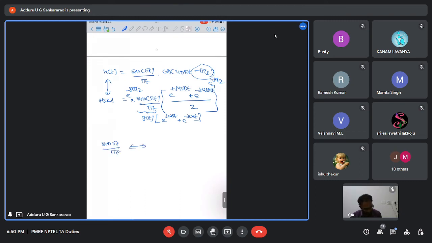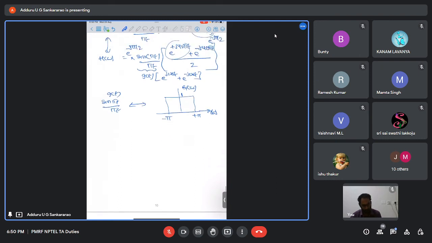We have seen, the Fourier transform is from minus pi to plus pi: a rectangular pulse, g of omega. Now this will be shifted towards left and right by 40 pi because it is multiplied by e power j 40 pi t and e power minus j 40 pi t, right?